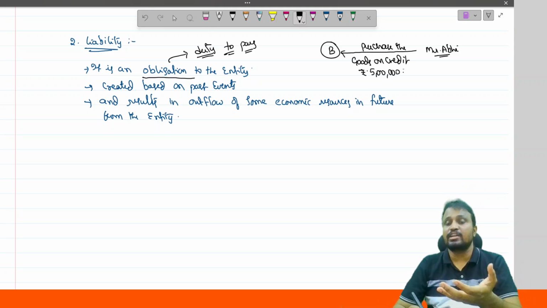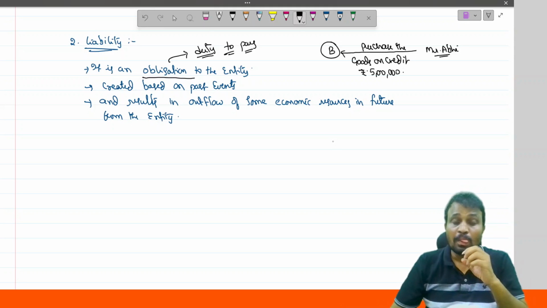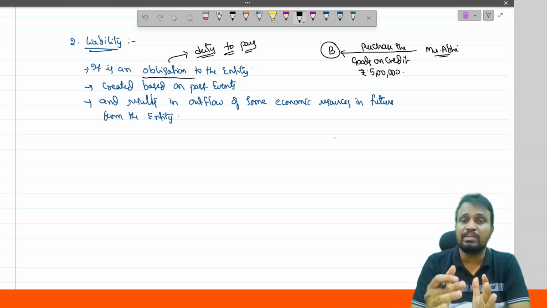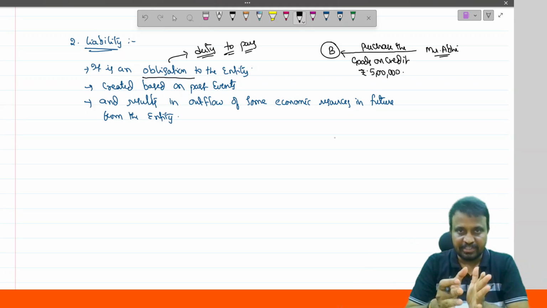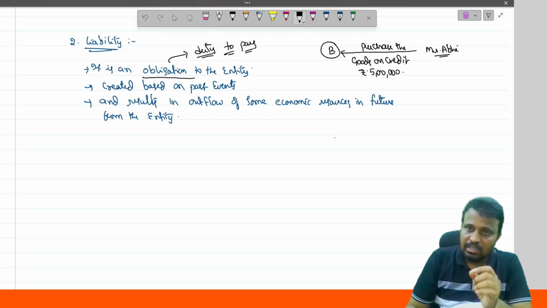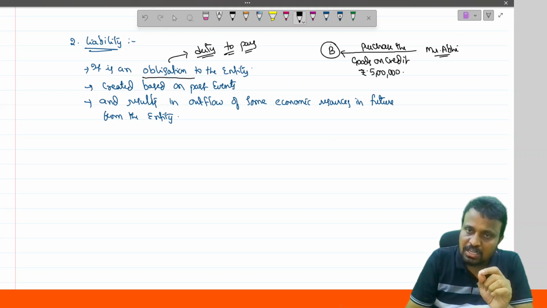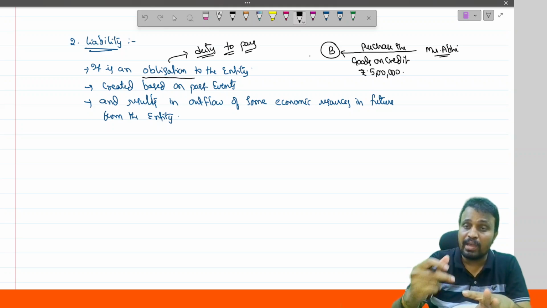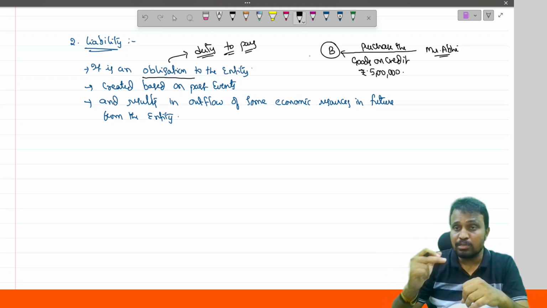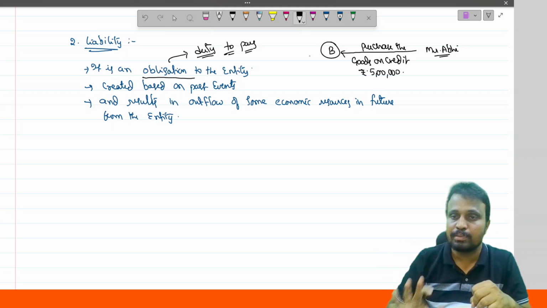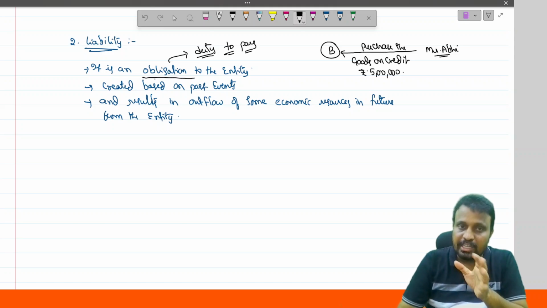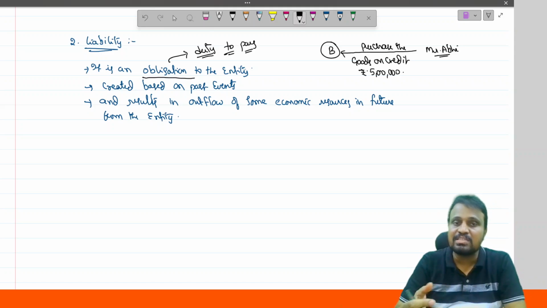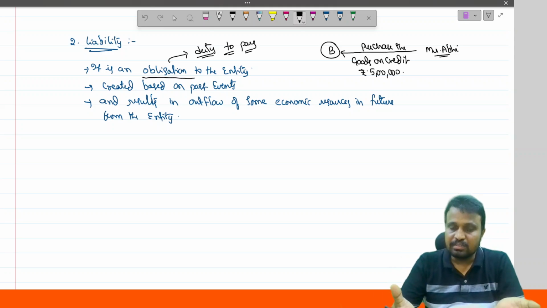On the date of purchase, the business promises to pay that amount within a certain period. So here, one obligation is created for the business, which is liable to pay Mr. Abhi in future. Nothing but a duty to pay is created for the entity.